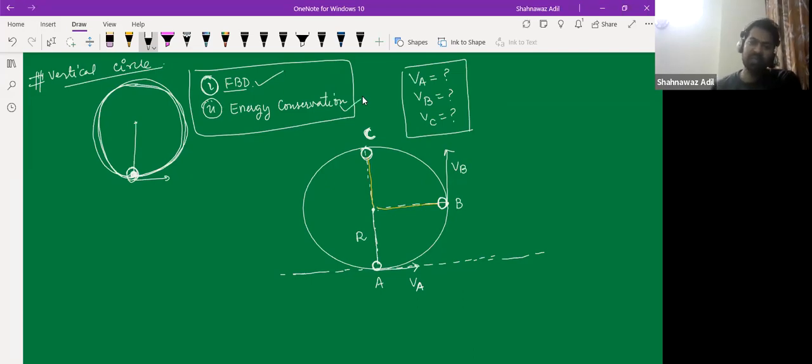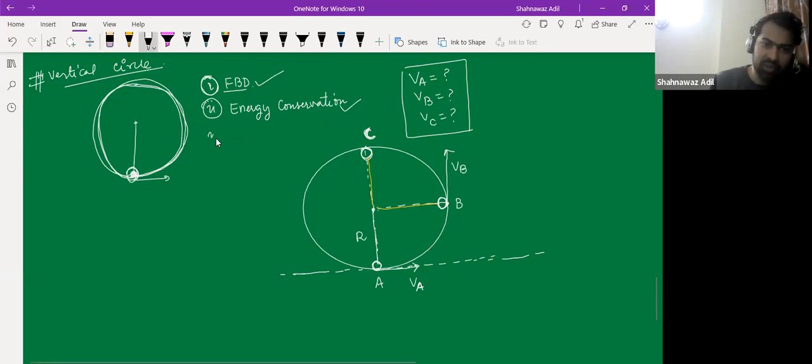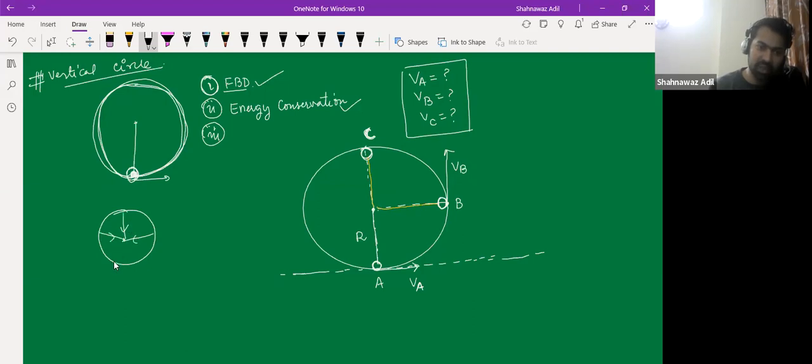Right. So first, this thing is moving in a circle, so what kind of acceleration would be there towards the center? Let me write the third one. If you have a circular motion, what kind of force, what kind of acceleration works towards the center?